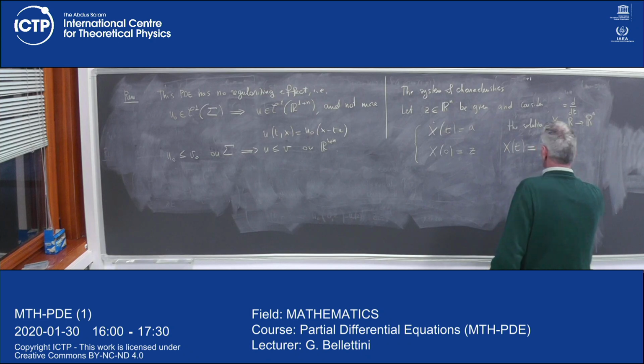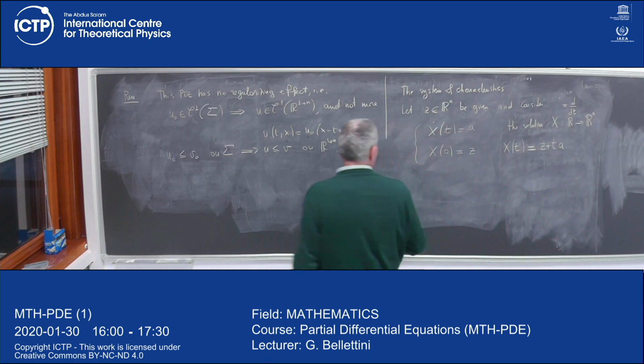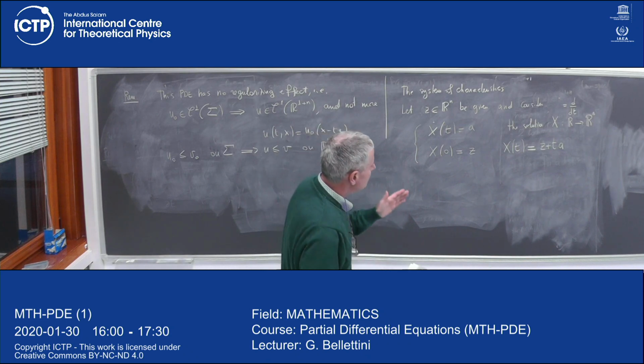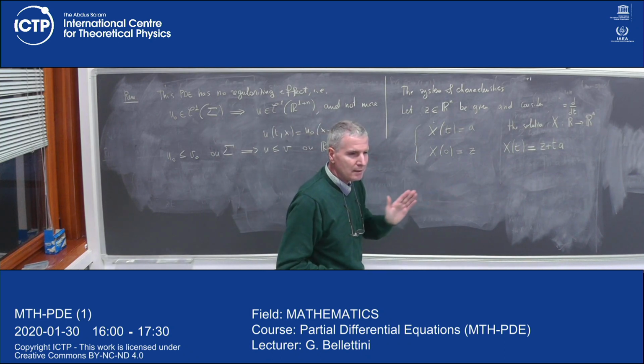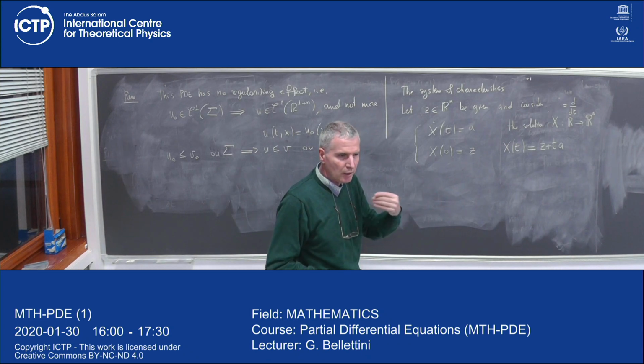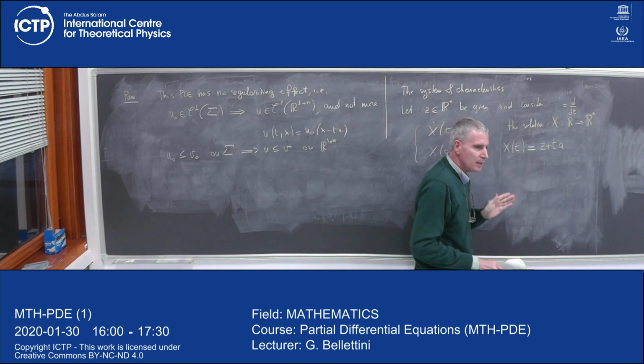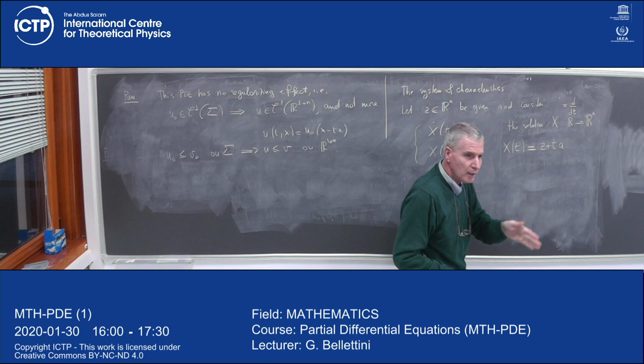No? So, maybe in this case, what is this? Well, these are the flow lines of the vector field small a. So we look at those curves having small a tangent to small a.